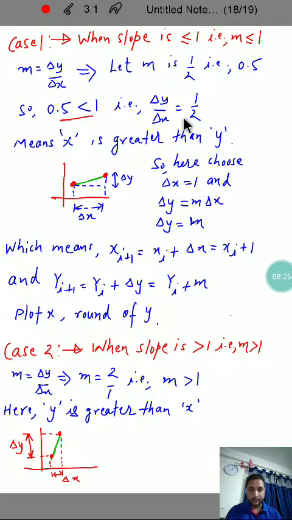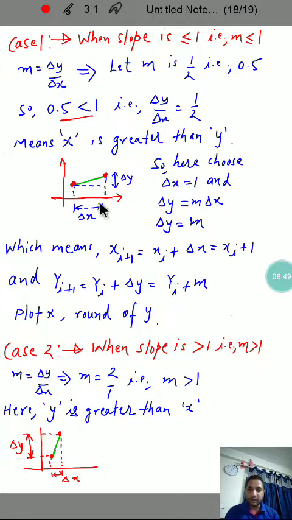It means our x is greater than y, because our y is 1 and our x is 2. So x is greater than y. To understand this phenomenon, if we draw it in the Cartesian system, it will be like this.